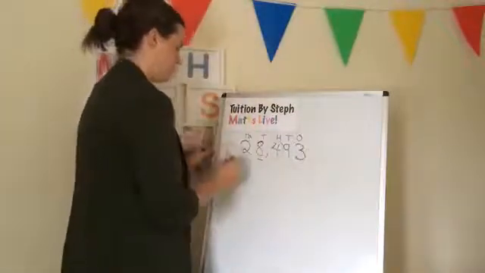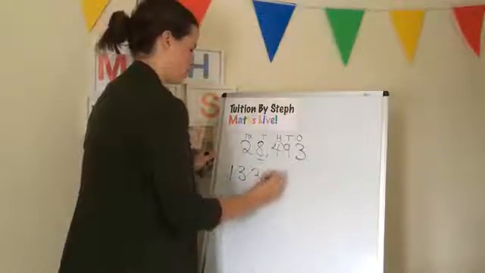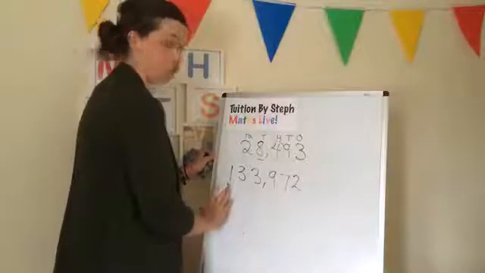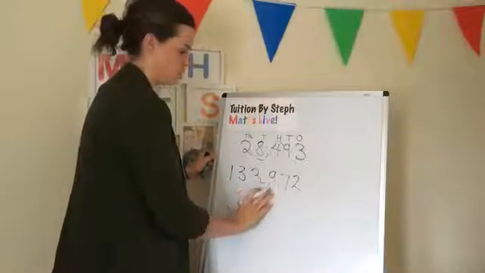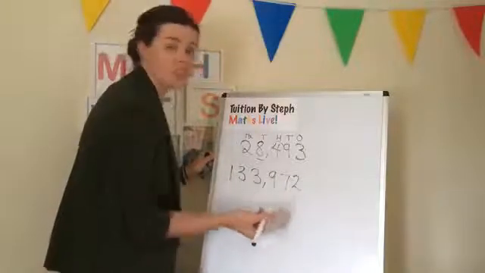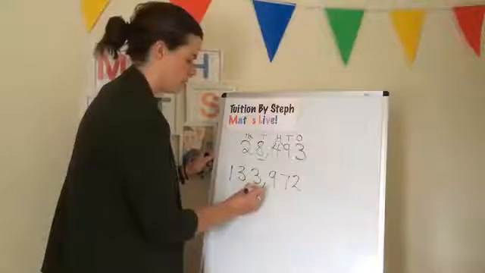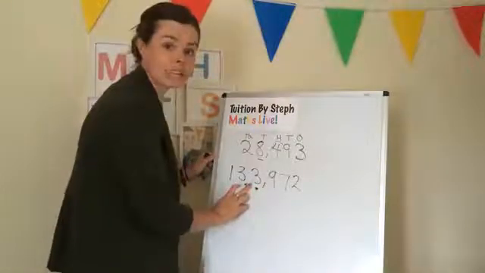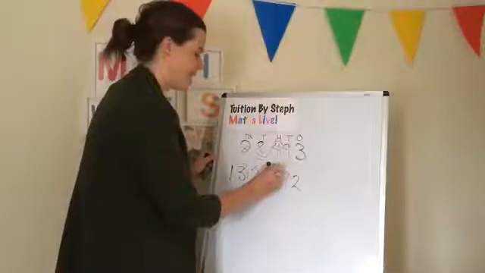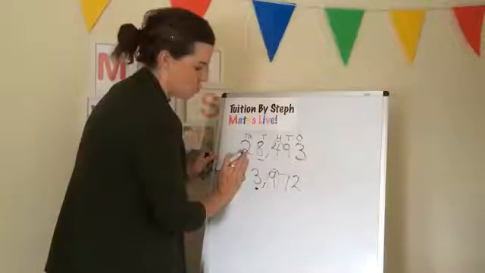Another example. What if it was 133,972? We're in the 100,000s, 10,000s, thousands, hundreds, tens, and ones. Right, let's find the thousands digit. Here's the thousands digit. So we're either going to stick or we're going to round it up, depending on what's to the right of it. It is a 9. So if we look, we've got 3,972.